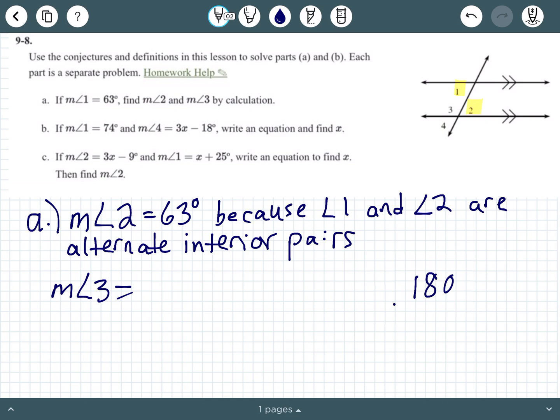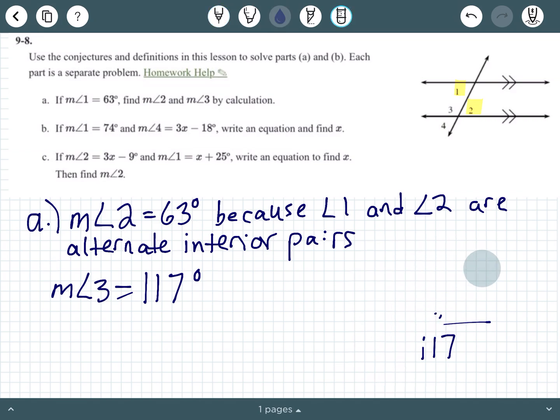And we know that angle 2 is 63 degrees. So if we do 180 minus 63, we would get 117. So the measure of angle 3 would be 117 degrees.